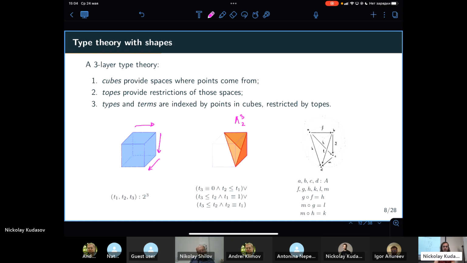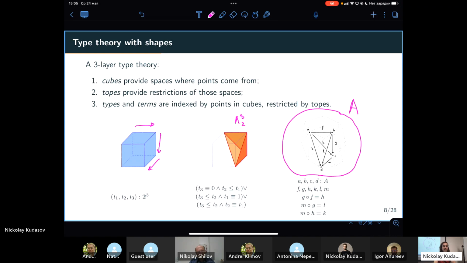So this means that we assign to each point some value, and what's important is that this entire picture happens inside of a given type A usually. It can be more complicated, but for now let's simplify things.